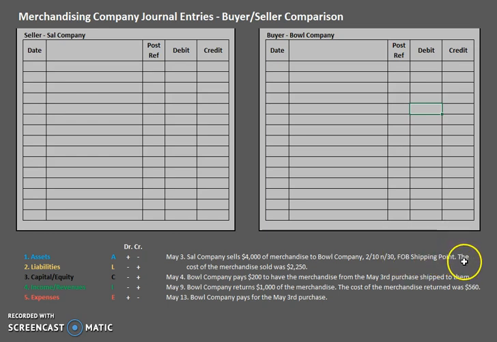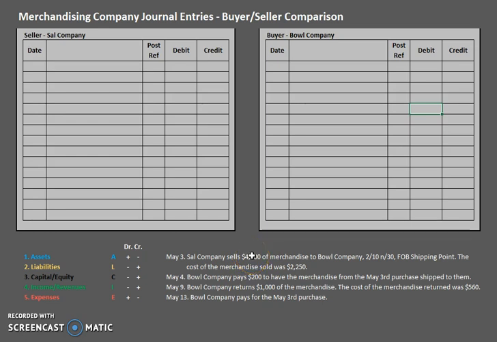However, there is one other piece of information that we need to know. The cost of merchandise sold was $2,250. Now I have two amounts here, so we have to really consider what is going on. When they say that Sal Company is selling $4,000 of merchandise to Bowl Company, that's the sales price. Now think of it from the buyer's perspective. Whenever you buy something, you do know the sales price.